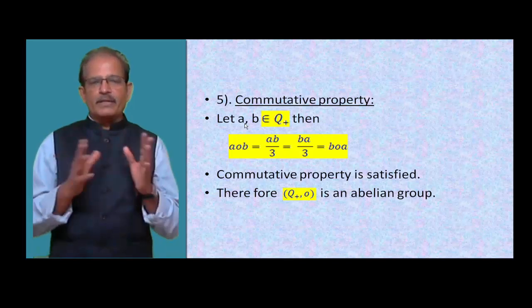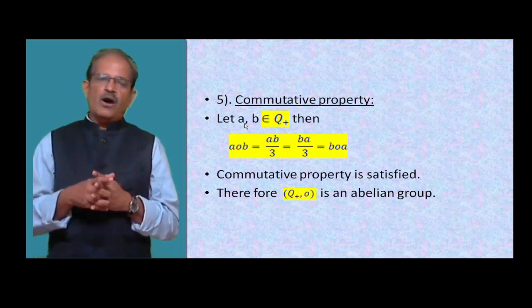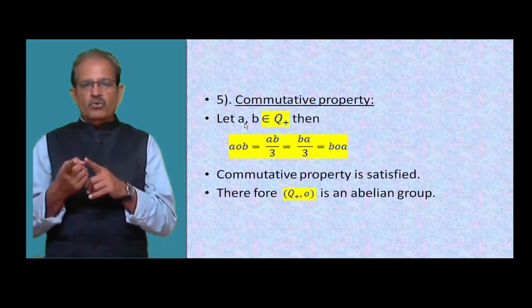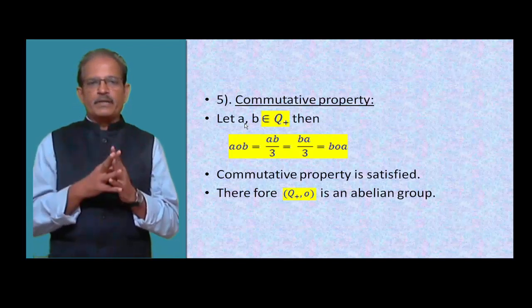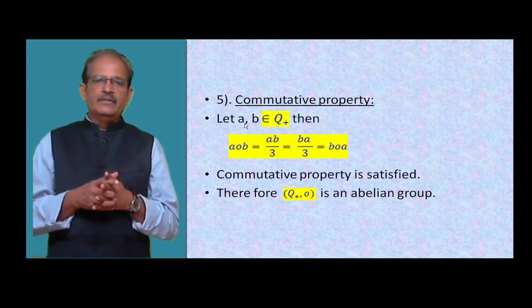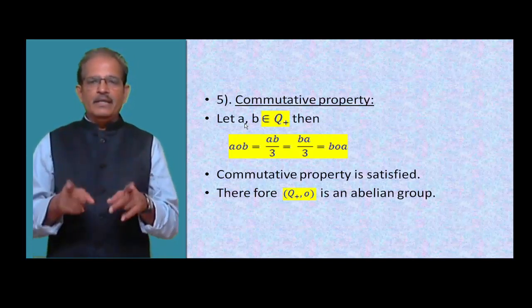So when commutative property is satisfied, the 5th property is also satisfied. So for all the properties, (Q plus, O) is a group with the 5th property now. Because the 5th property is also satisfied, (Q plus, O) is an abelian group.